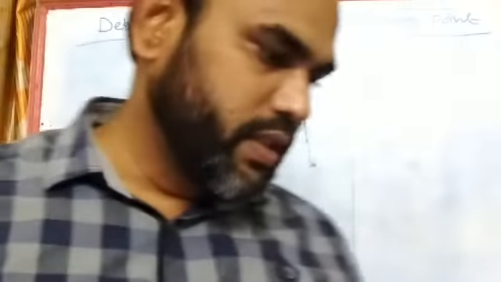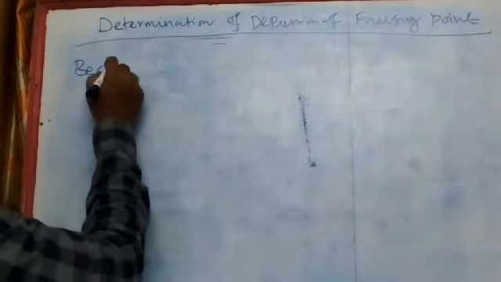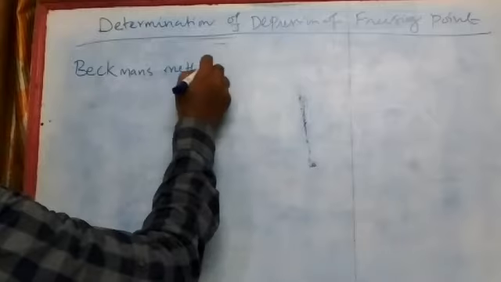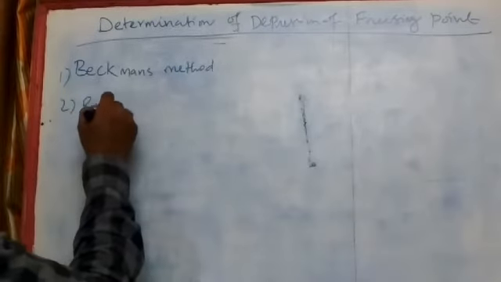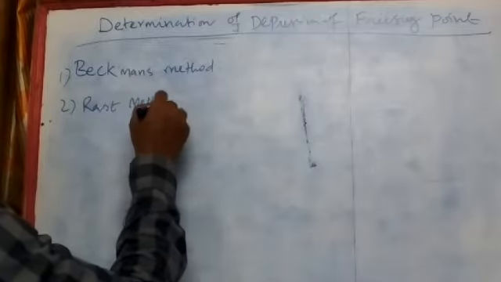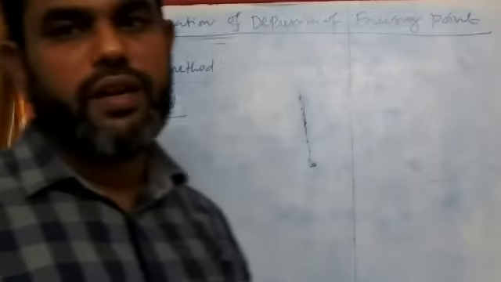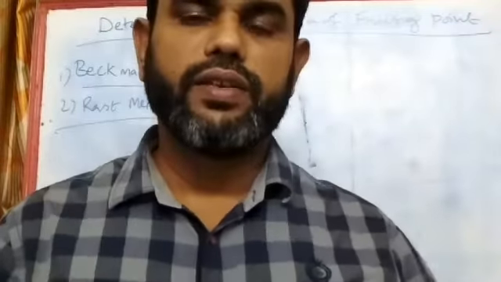Two methods are known: one is called Beckmann's method, and number two is the Rast method. By these two methods you can find the depression of freezing point for a solute.